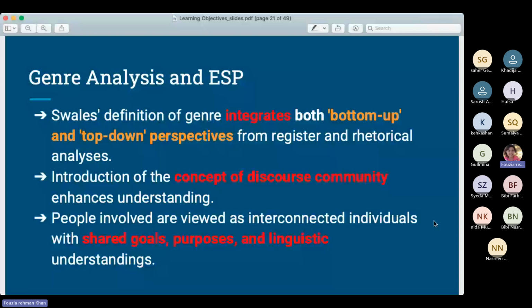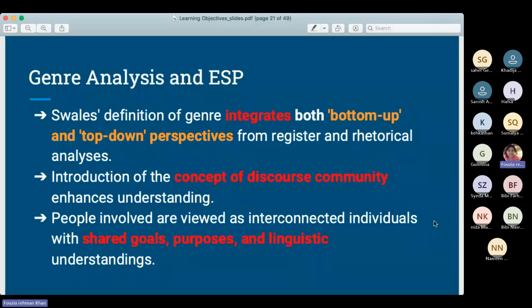A few of the terms that we need to concentrate on, and that would be a part of genre analysis, are the discourse community, communicative events, and what the purposes of this discourse community are.